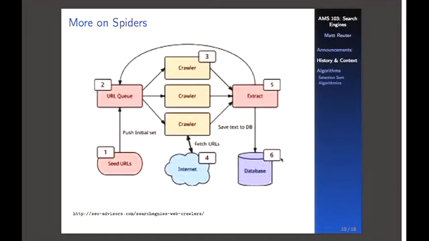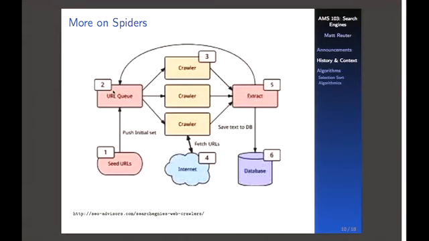Okay? And then for the last part, we'll notice there's this arrow coming back over from extract over to the URL queue. What do you think this is doing? What are the crawlers extracting in this sense that's going to go back into the URL queue? Right, we're going to look at the links.